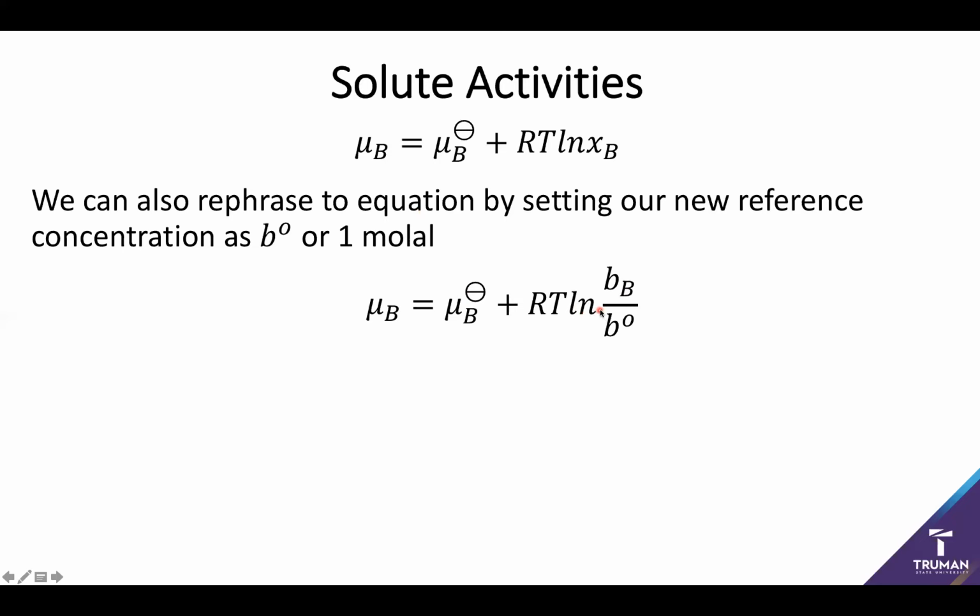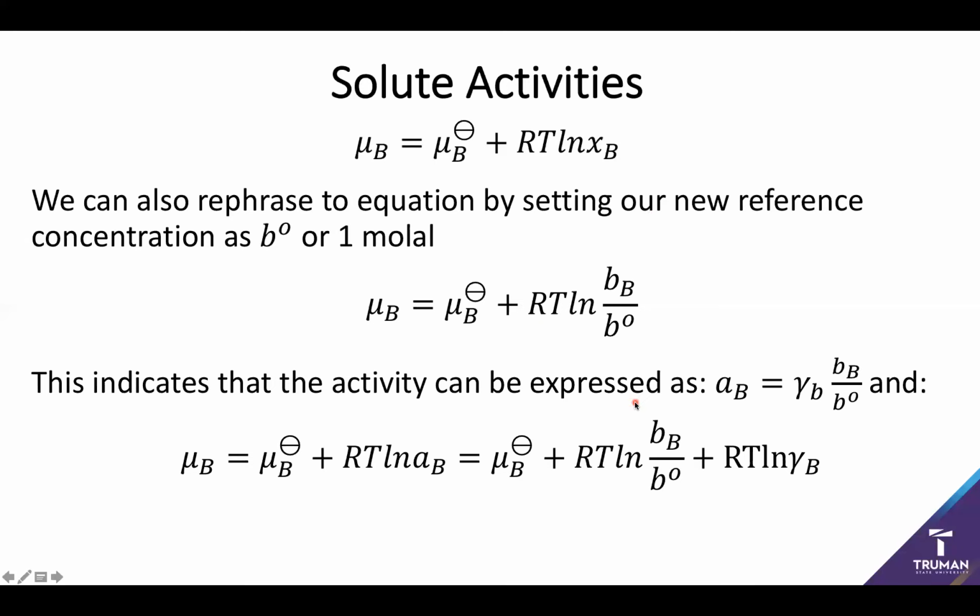And so we can substitute the ratio of the molality for our measured mixture over our new reference condition. Again, our reference condition is typically 1 molal. But we can also correct this in terms of activity the same way we did before.